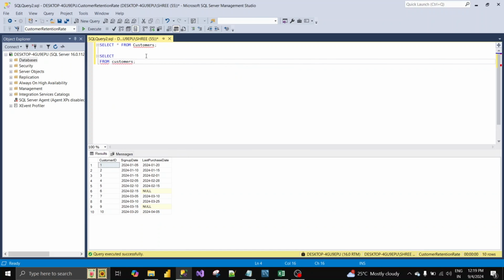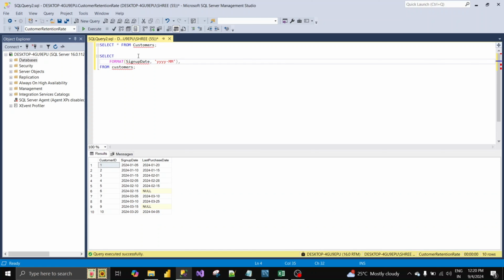Okay, so what we need first is the month. So what we will do is use format, and in the format we will give the sign-up date, and we need the format as YYYY-MM. So we'll get it with the year.